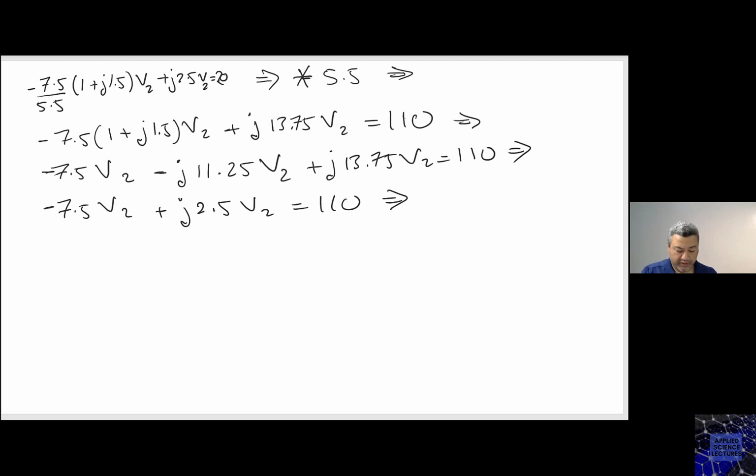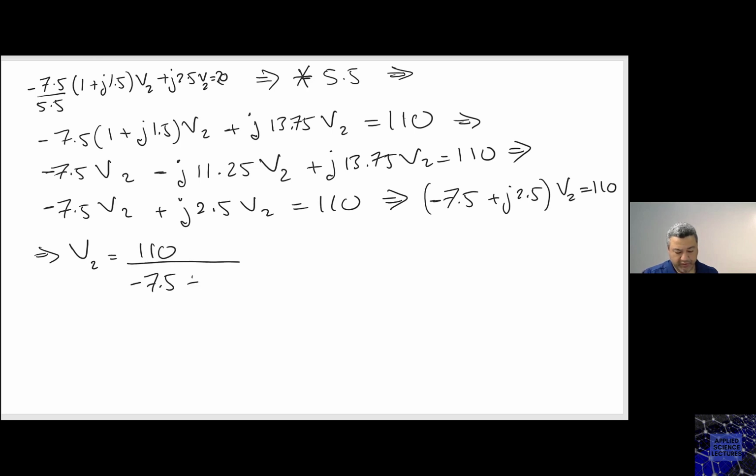So we have here minus 7.5 plus j2.5, times V2 equals 110, and V2 is 110 divided by minus 7.5 plus j2.5.